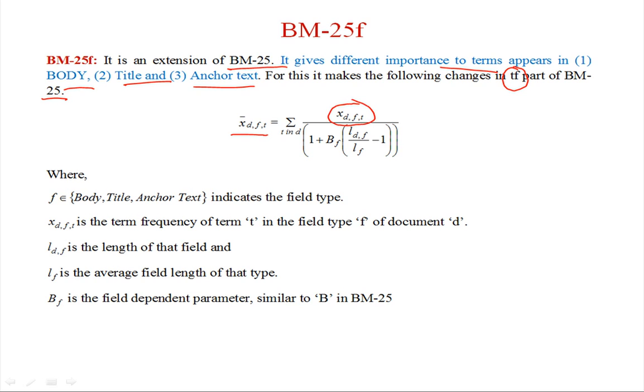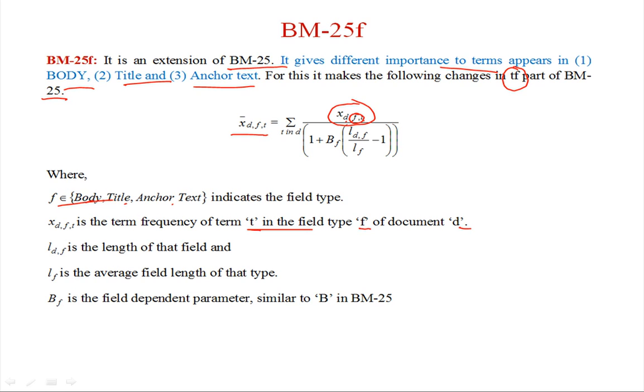Earlier it was the frequency of term t in document d. Now it adds this f part. f represents whether this term belongs to body, title or anchor text, meaning field type. So x_dft is the term frequency of term t in field type f of document d.